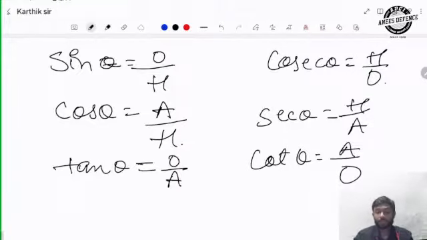That's it, nothing else. These are the basic ratios, very very basic ratios.